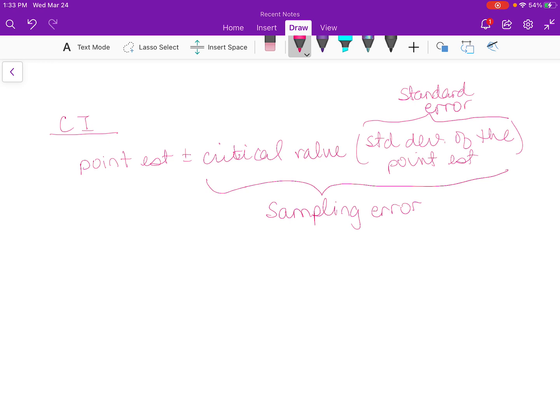In section 6.1, the type of confidence intervals that we're going to calculate are for the mean. So we're going to look at the confidence interval for the mean.